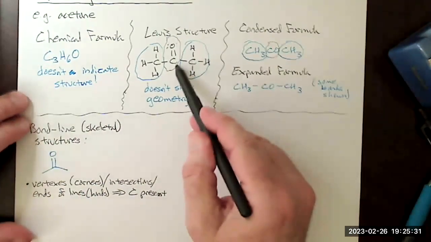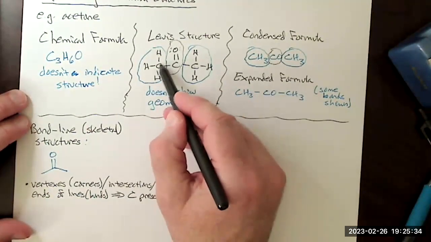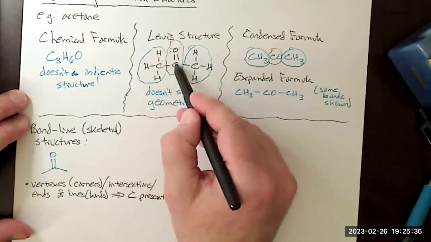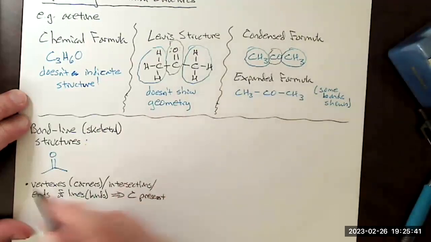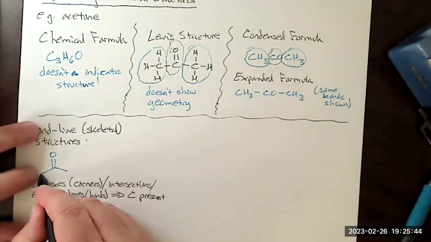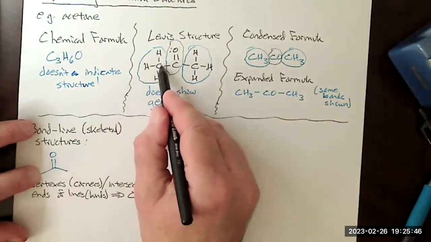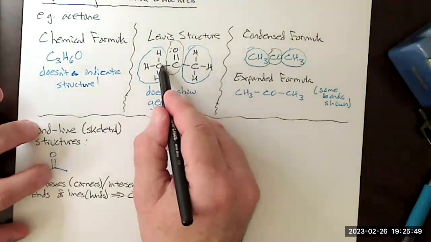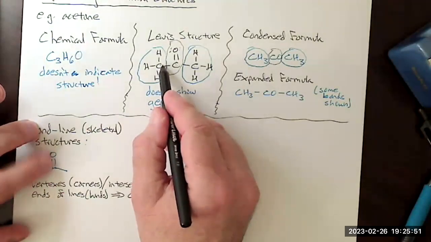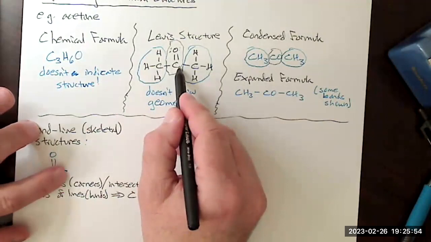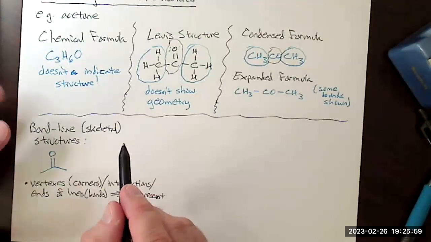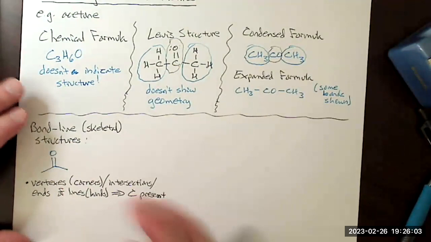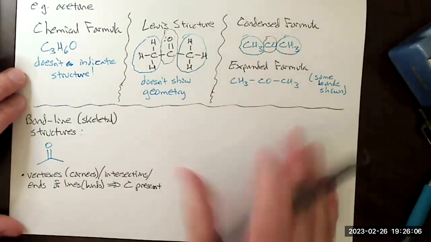So for example, looking back at the Lewis structure, we can see that at one end we have a carbon with 3 hydrogens bonded to a carbon, double bonded to an oxygen, bonded to another carbon with 3 hydrogens. There's that first carbon right there. That carbon there is that carbon there. And then in the middle, we've got an intersection, carbon, double bond to oxygen. So there's the carbon there, and that carbon right there. So you'll want to get used to wherever you've got corners, ends of lines, intersections, those are carbons.